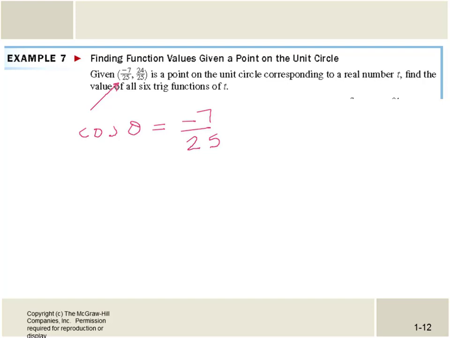Stacy, elaborate. Well, remember that we said that cosine is always the x value. Sine is always the y value. So I'm just picking it off of that ordered pair up there. Does that make sense?